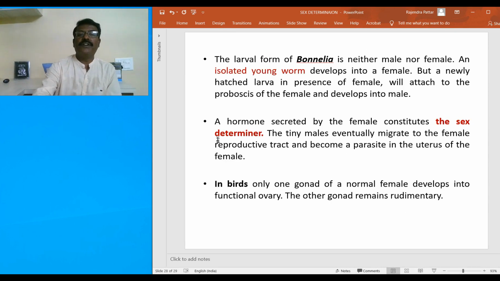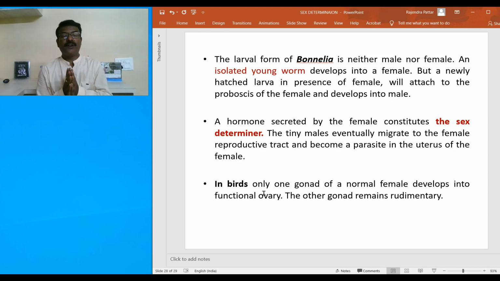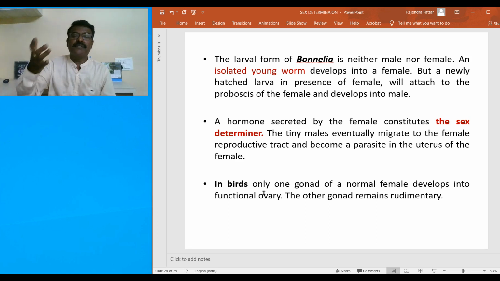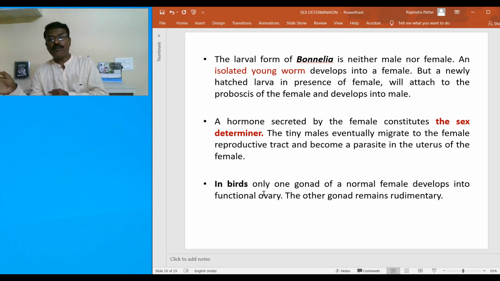Coming to birds like fowls, take female birds. Usually in birds we do not find gonads in pairs. We find a single gonad because it is an aerial adaptation. A male bird has only one functional testis, and the other is rudimentary or non-functional.